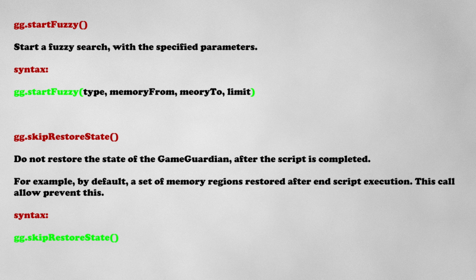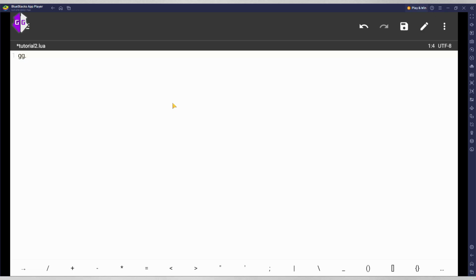The gg.skipRestoreState function does not restore the state of Game Guardian after the script is completed. For example, by default, a set of memory regions is restored after the script execution ends. This call allows preventing this. Syntax: gg.skipRestoreState. Here, I am setting my memory range to anonymous.